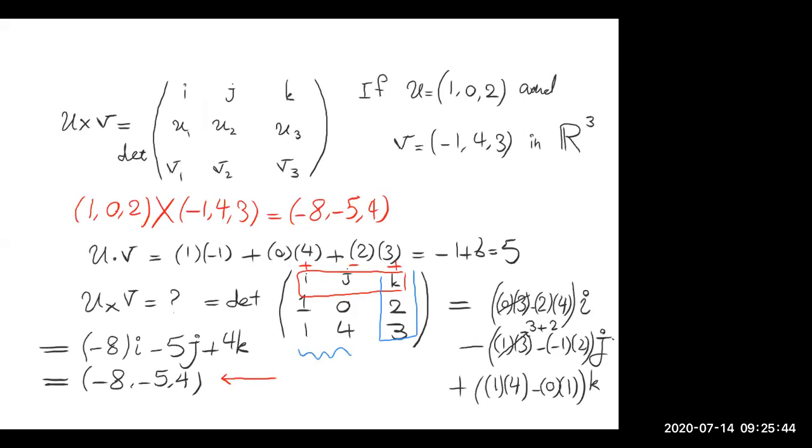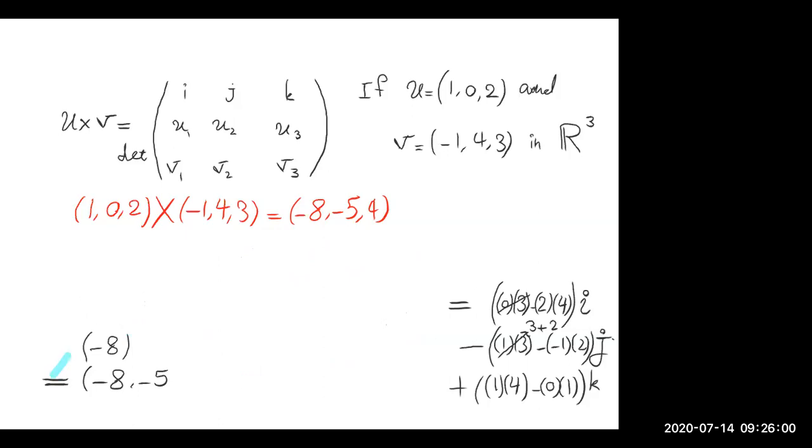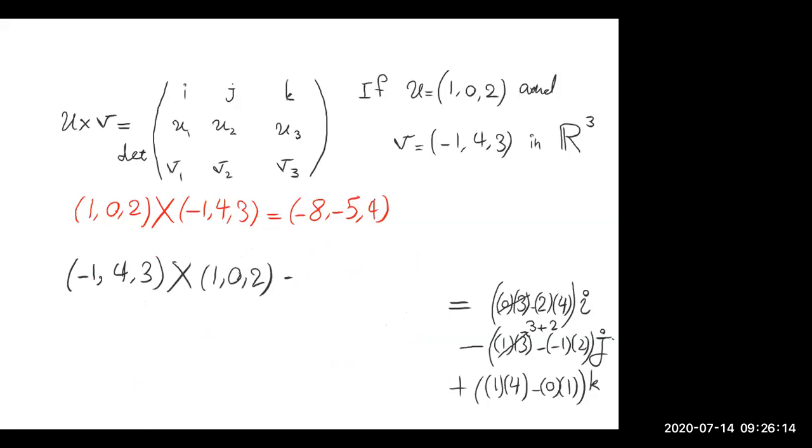Now, if we want to answer what is the cross product the other way around, I would erase this line. We don't need it anymore. If I want to compute the cross product of the same vectors in the other order, minus 1, 4, 3 times 1, 0, 2, it would be the negative of what we got before.